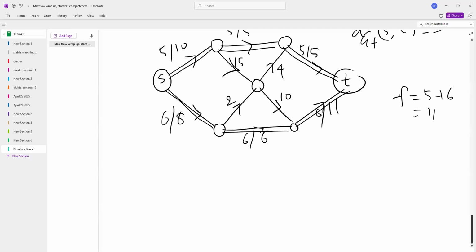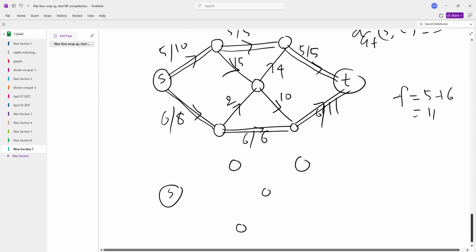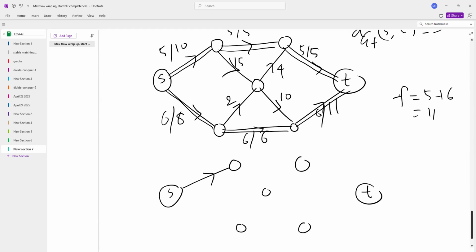So what would be the residual graph at this point? Right? So on the top path, I still have 5 along this way. I'm going to do a reverse 5, right? So it's going to be 5 this way and 5 this way. For the top one, just a reverse edge because there is no more capacity left, right?